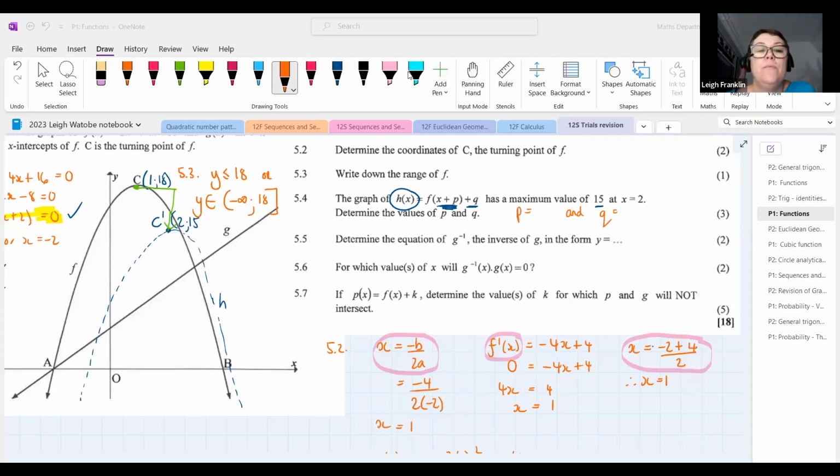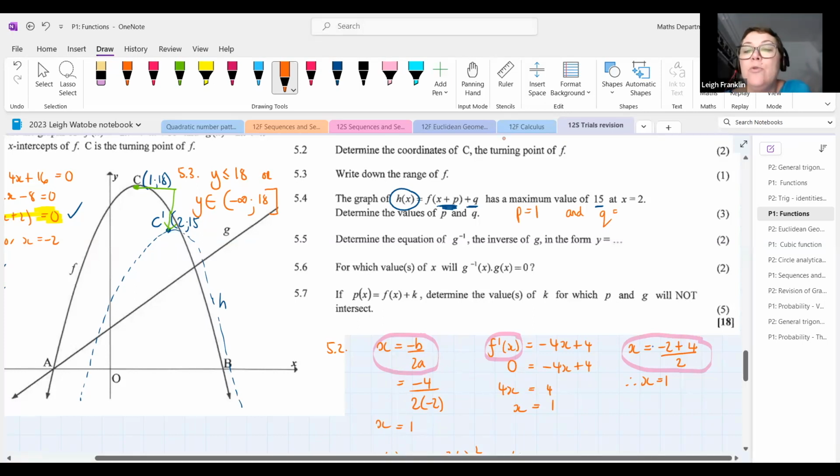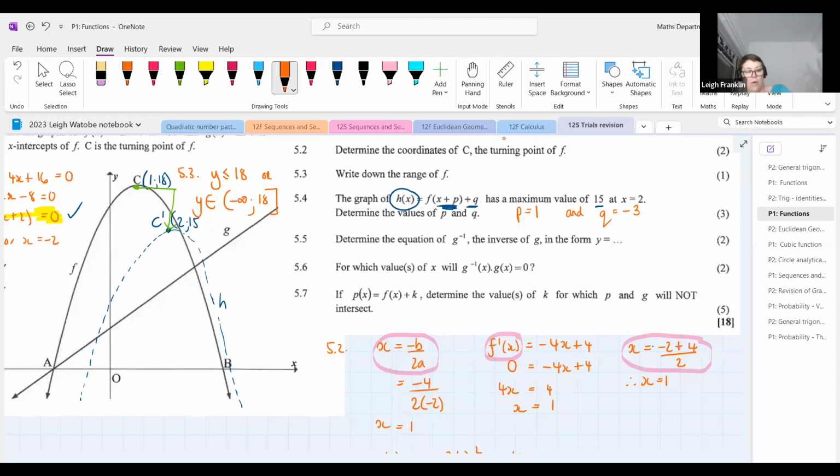All right, so p is 1 and q is -3. The graph has been shifted over to the right-hand side and it has been shifted down by 3. Right, is everybody happy with that?